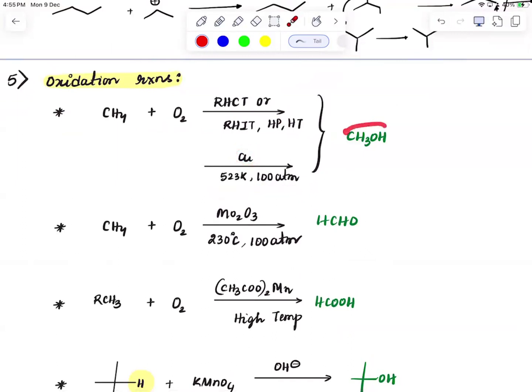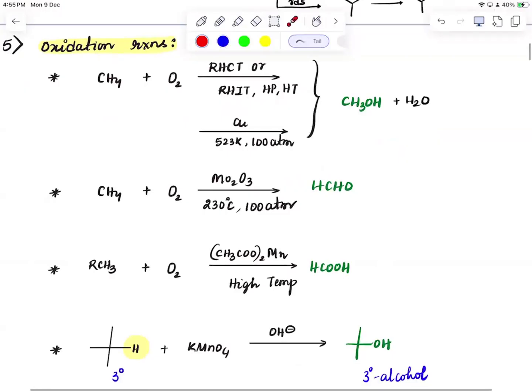With such high pressure, you will be able to convert it into methanol and H2O. If it is molybdenum, then the temperature is around 230 and 100 atm, and it will convert into formaldehyde and H2.